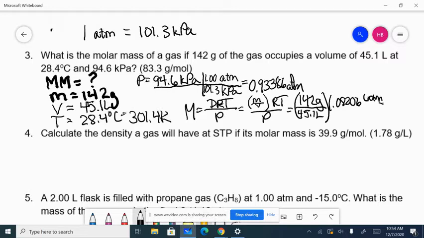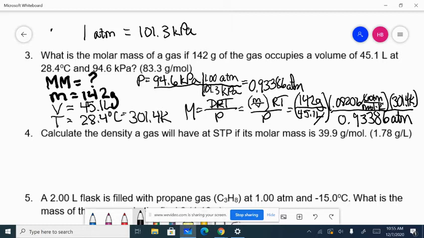I always use my units so I can check whether I'm making a mistake or not when my units don't cancel. And T is 301.4. And P is 0.93386 atmospheres.